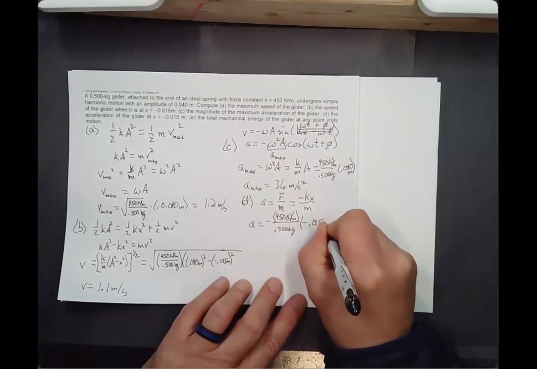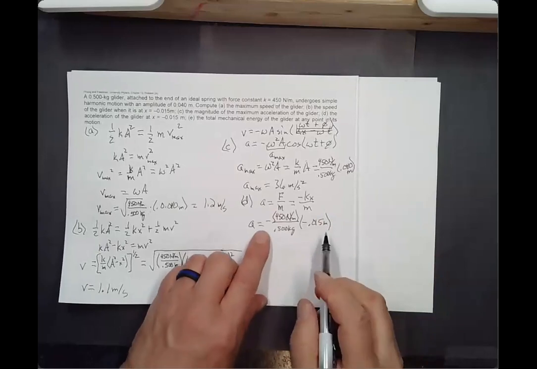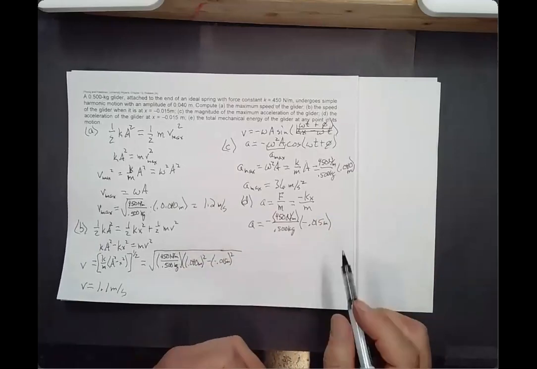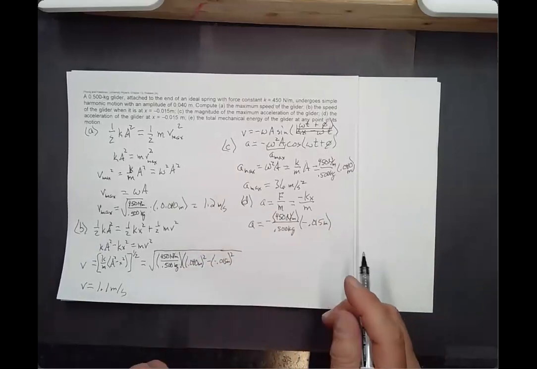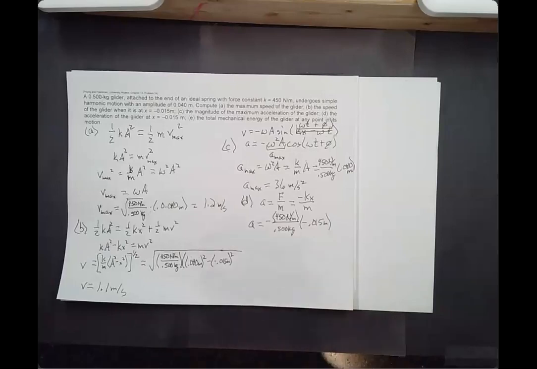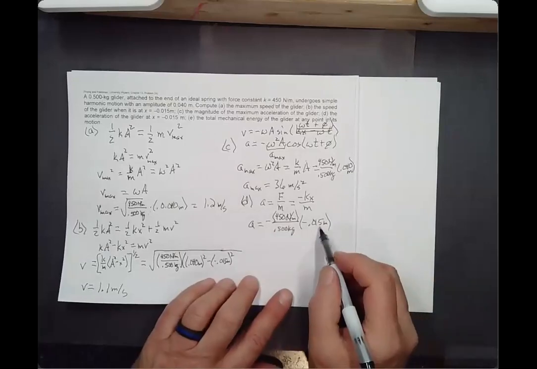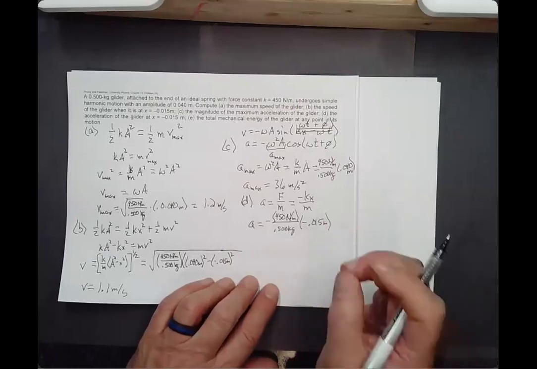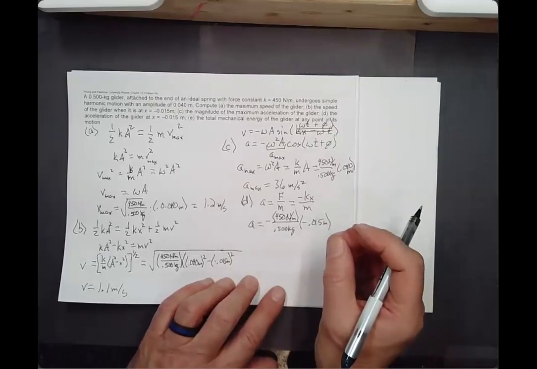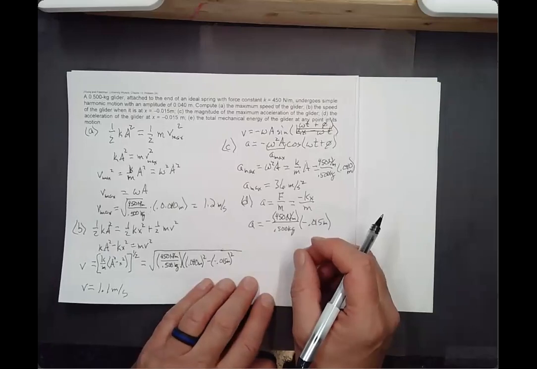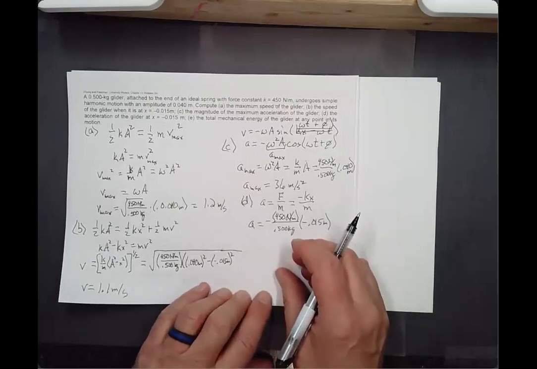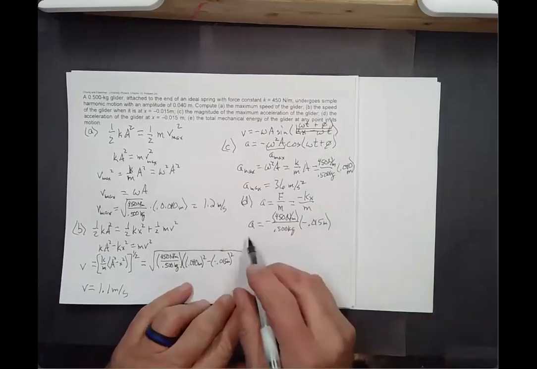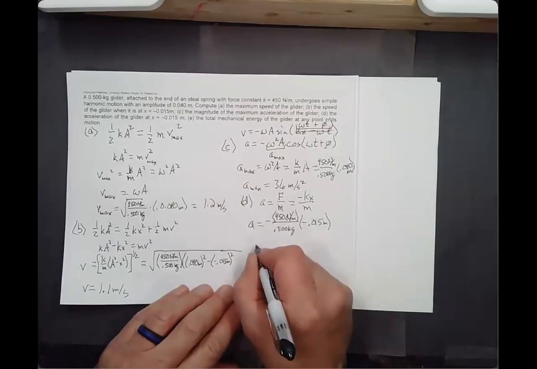And I'm keeping track of my signs here because this spring force is a restoring force. So if you compress the spring in the positive direction, the spring force is back in the negative direction, as is the acceleration. But in this case, we have the spring stretched in the negative direction, but the restoring force will be back in the positive direction, and we're going to get a positive acceleration here.